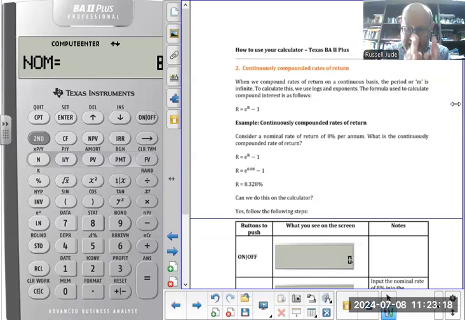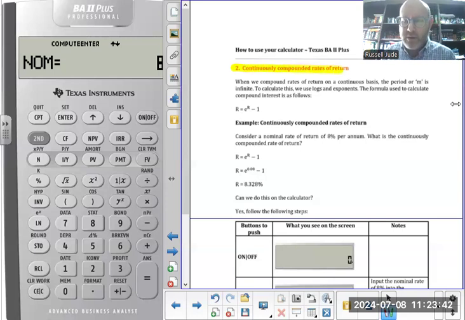It's a discrete, actual number of periods. So for example, in the previous example that we did, we compounded monthly, or 12 periods per year. Those are discrete periods. We know those. There are sometimes rates of return that are compounded continuously, all the time.